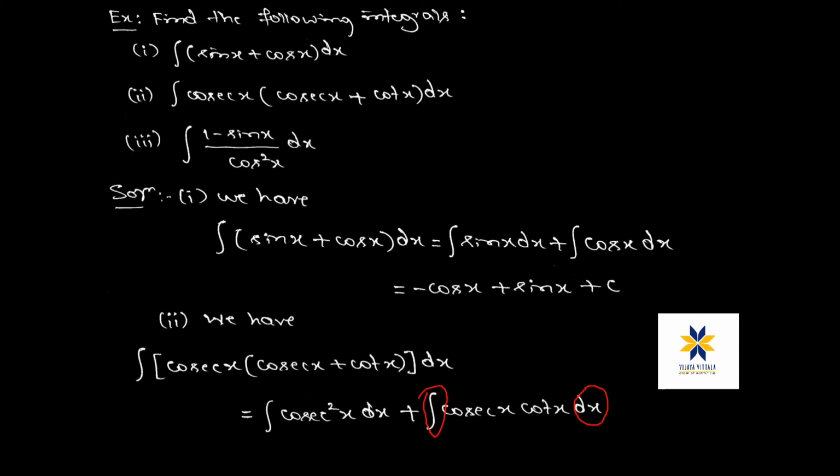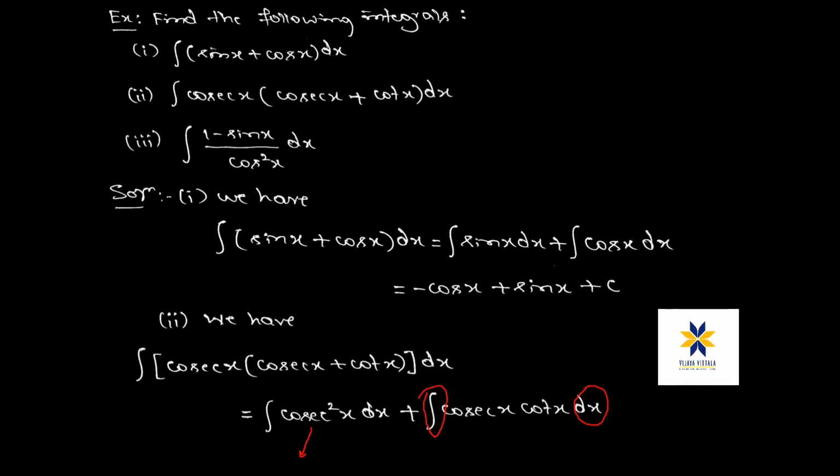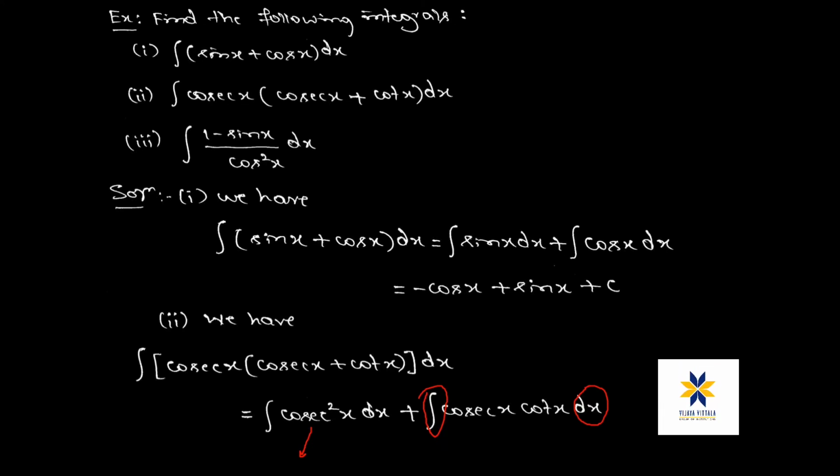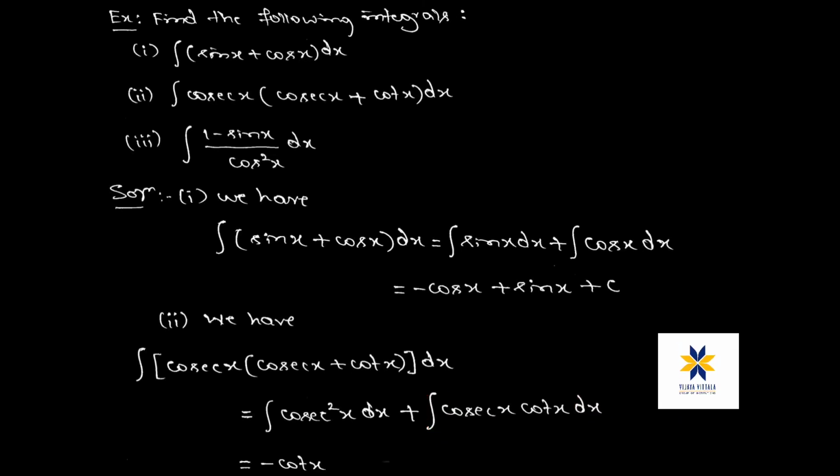Now from the list of formulae we know the integration of cosecant square x with respect to x. Yes, can anyone tell me what is the integration of cosecant square x? Yes, it is minus cot x. Now, what is the integration of cosecant x into cot x?